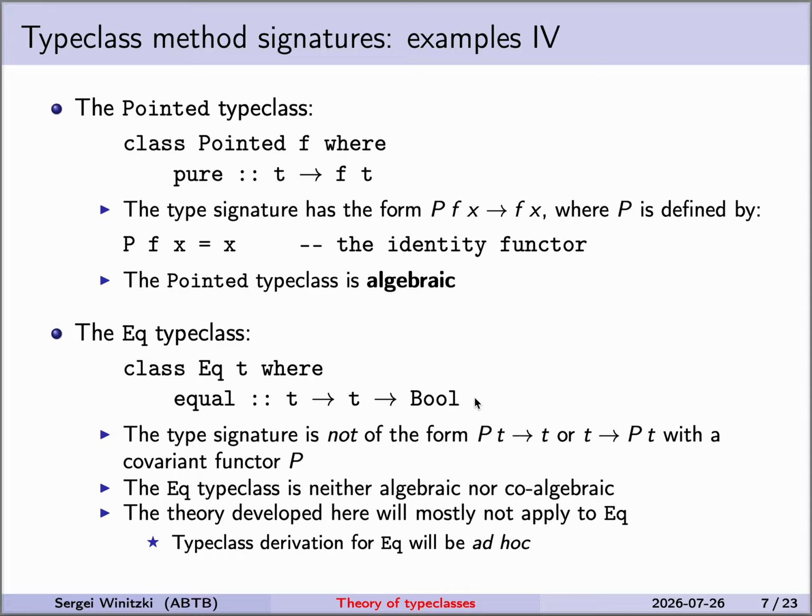So it does certainly have some type class derivations, but they will have to be considered specially, and laws will have to be proved. The theory that I'm going to describe in this tutorial promises to show very generic type class derivation patterns and automatically satisfy the type class laws. And that is not going to be the case for the Eq type class.